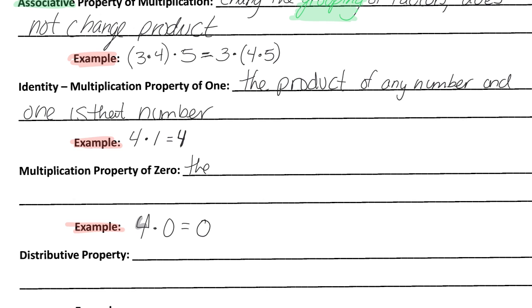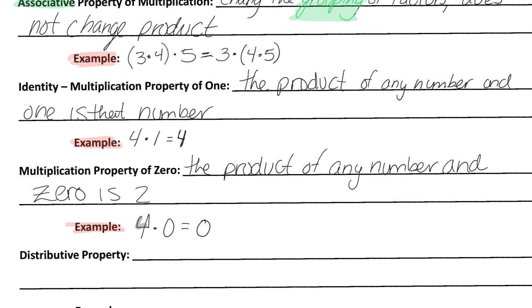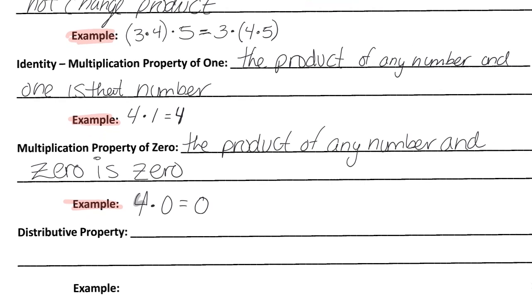So the product of any number and 0 is 0. So any number, when you multiply it times 0, it's always going to give you 0. And that's the multiplication property of 0.